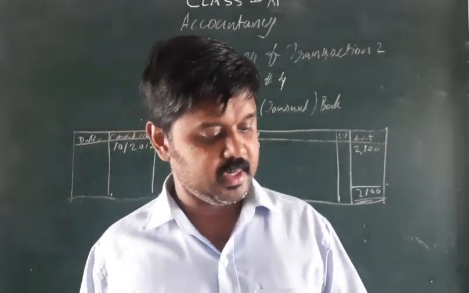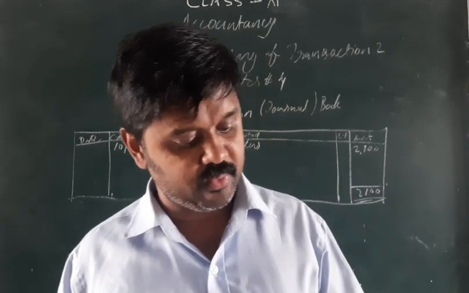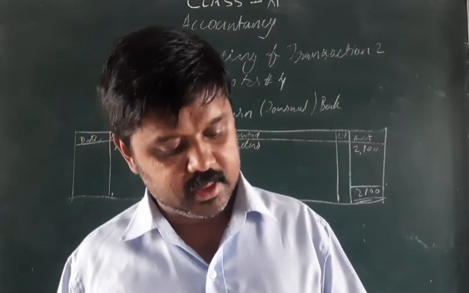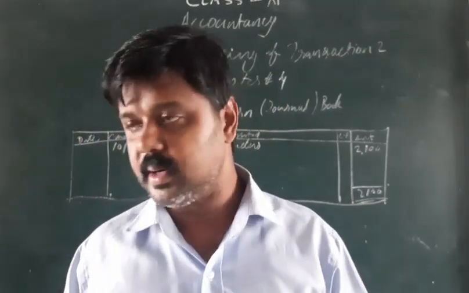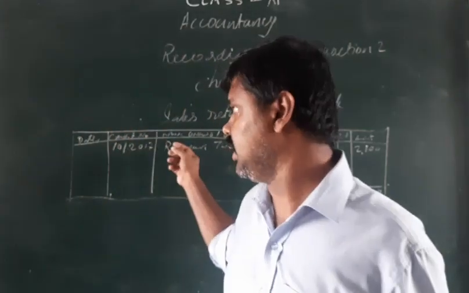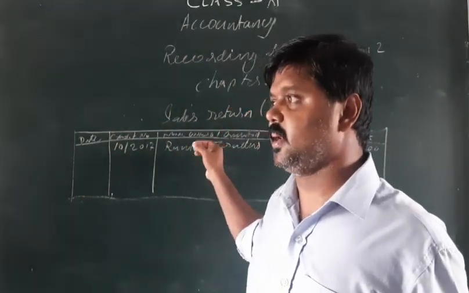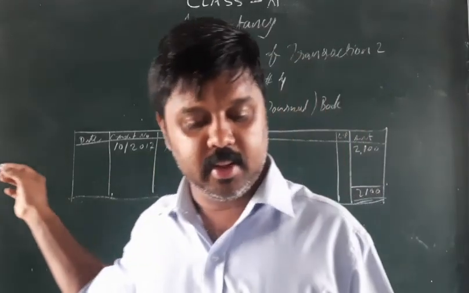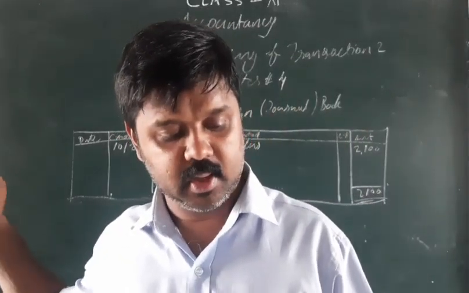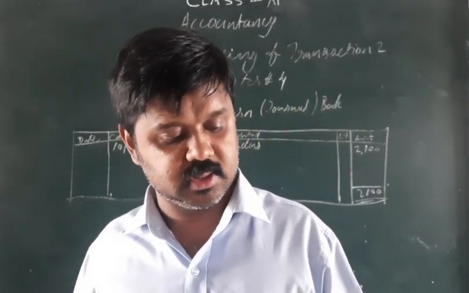Then purchase or sale of items on credit other than goods. We already learned that only goods purchased on credit or cash are recorded in the purchase book and cash book. Sales are the same way.